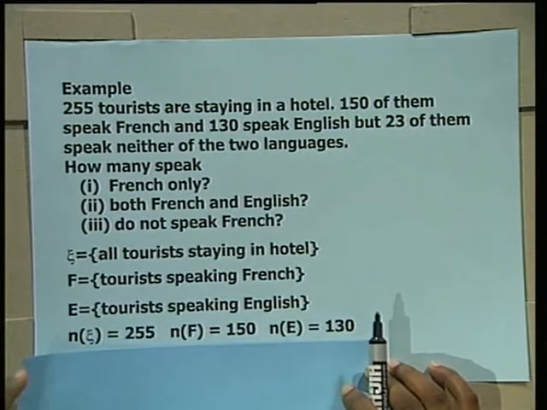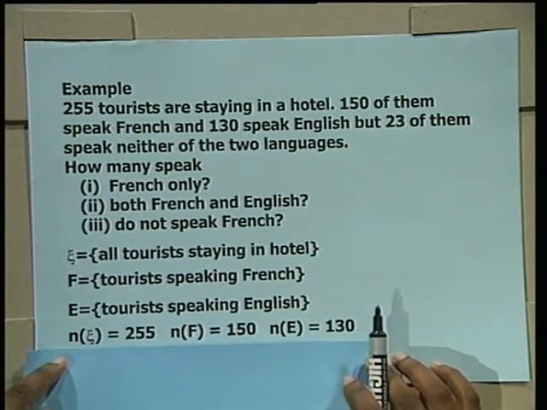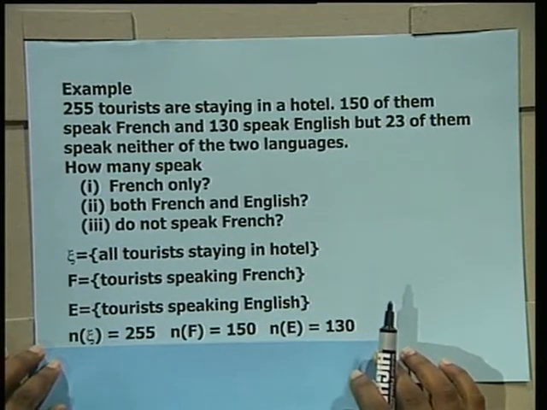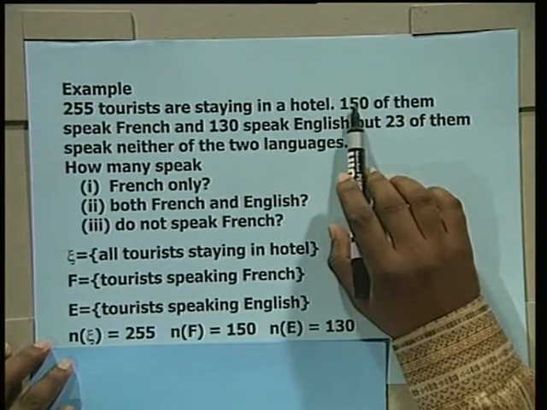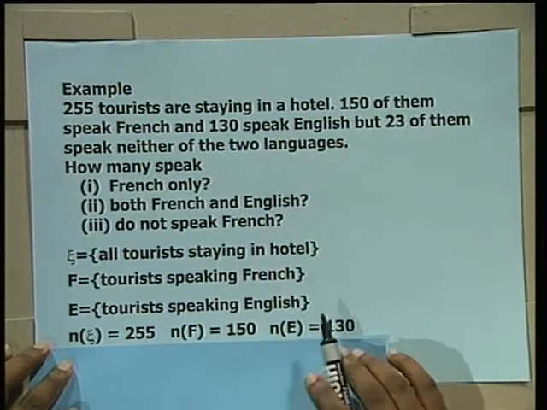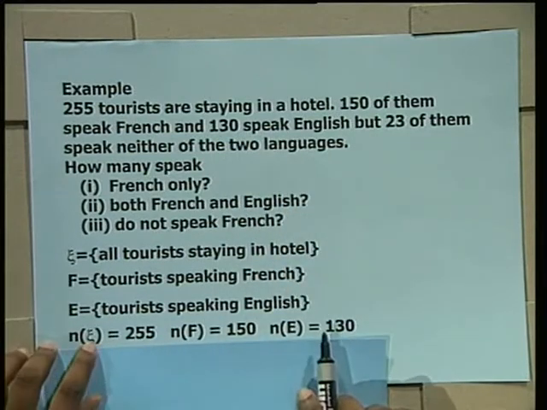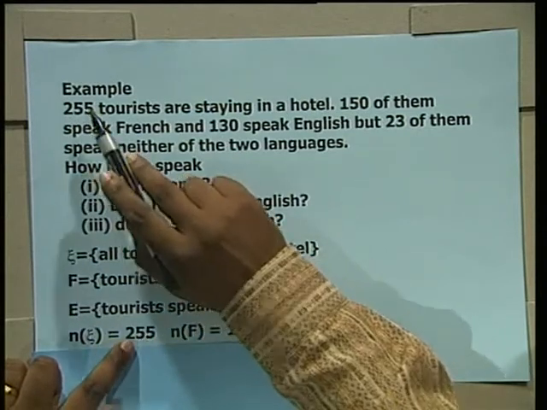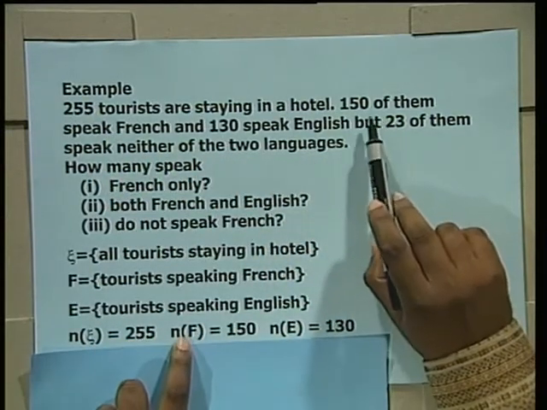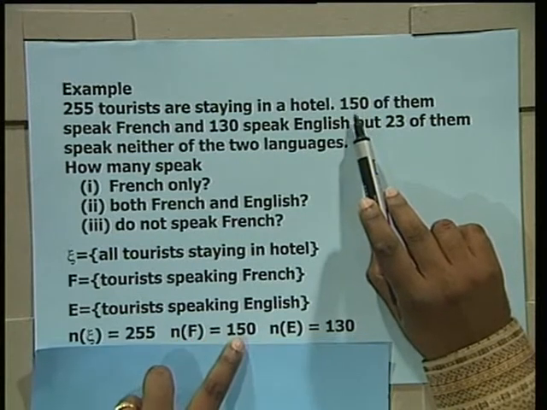And now we have written the information in set using set notation. Remember, it is very important that the figures given in the question be written using set notation. So the cardinal number of the universal set is 255. The cardinal number of set F is 150.